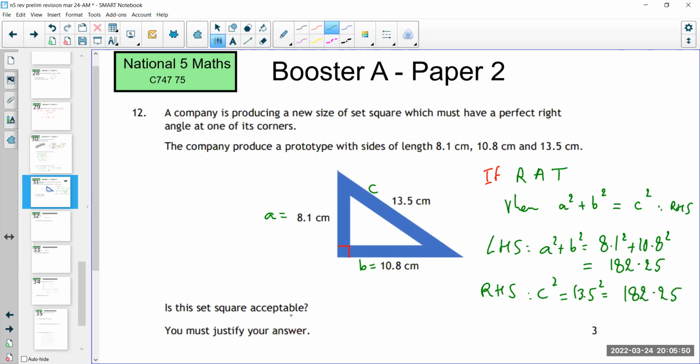Is this set acceptable? You say yes, since the left-hand side is equal to the right-hand side. The set, we have a right angle. The set is acceptable.